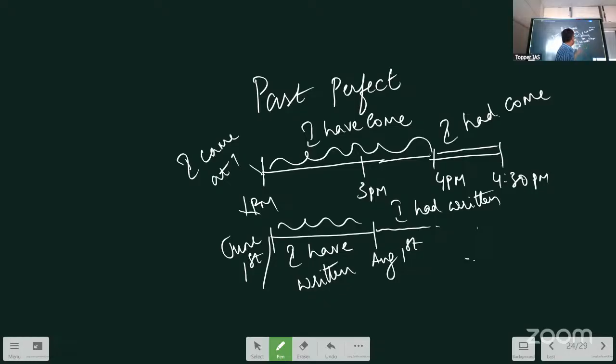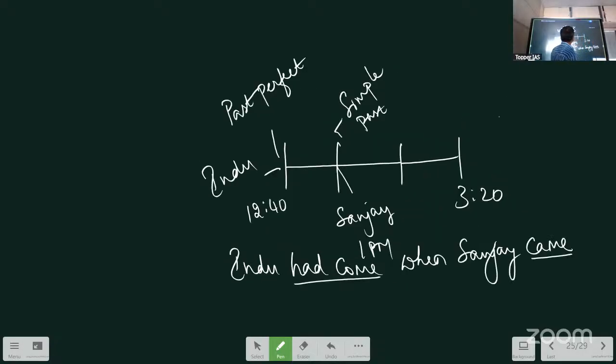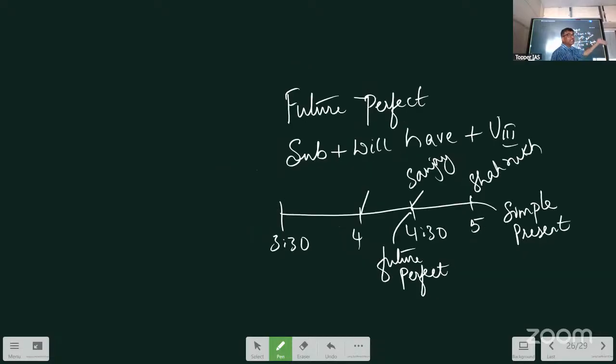The first action must be in past perfect, the second action must be in simple past. And future perfect is when something will have been completed, and we use simple future perfect and simple present for two actions of the future.